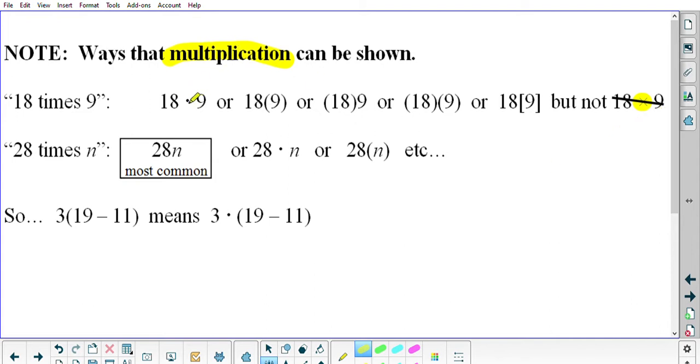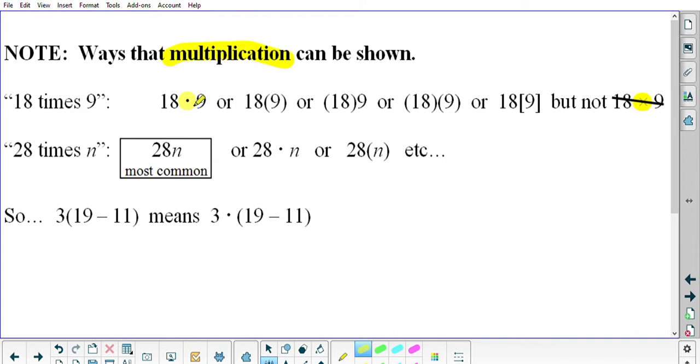So instead, we use a raised dot. As you see here is my first possible example of showing 18 times 9. Now, make sure that dot is raised, not low enough where you would think it's 18.9. We don't want you to think this is a decimal, so we use a raised dot. Computers might use an asterisk key for showing the multiplication symbol.